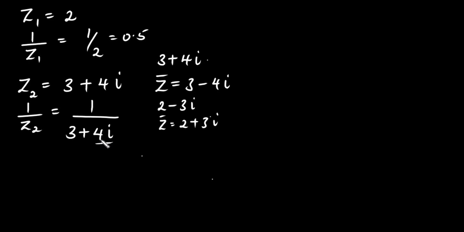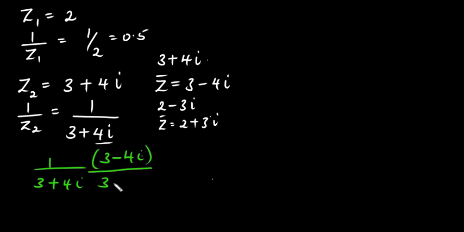So we multiply both the numerator and the denominator by the conjugate. We have 1 over 3 plus 4i, multiplied by 3 minus 4i over 3 minus 4i. On the numerator we have 3 minus 4i, and on the denominator we have 3 plus 4i times 3 minus 4i.